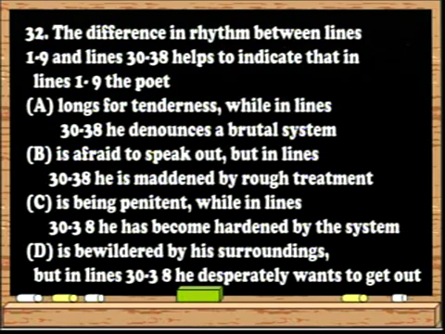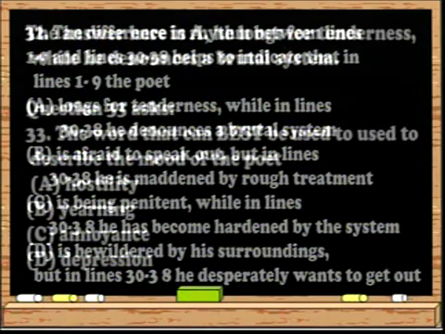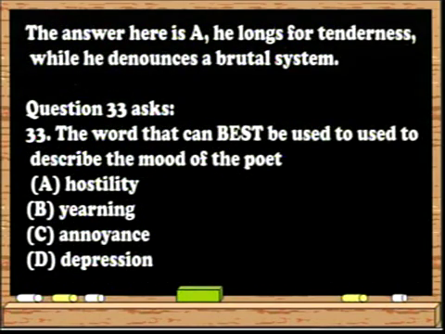B. is afraid to speak out, but in lines 30 to 38, he's maddened by rough treatment. C. is being penitent, when in lines 30 to 38, he has become hardened by the system. And D. is bewildered by his surroundings, but in 30 to 38, he desperately wants to get out. The answer here is A. He longs for tenderness, while he denounces a brutal system.